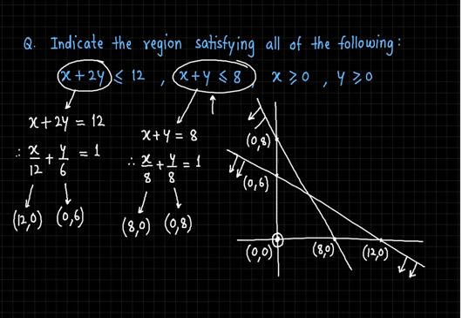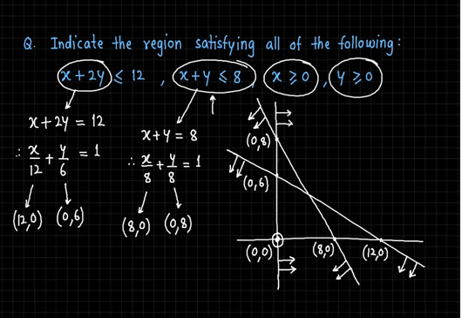So for this line also, let us denote the required region by small arrows like this. Now let's consider the third one, that is x greater than or equal to 0. That means it has to be the region on the right side of the y-axis, right? And lastly we have y greater than or equal to 0. That means the region lying above the x-axis, and of course including the x-axis also.